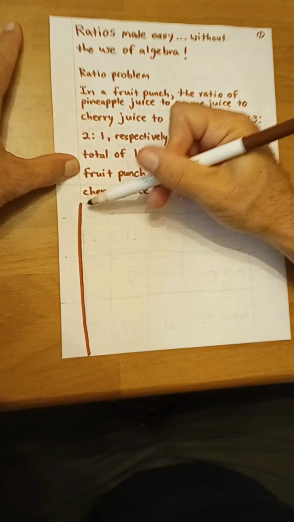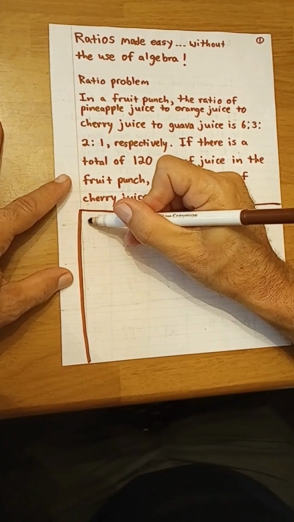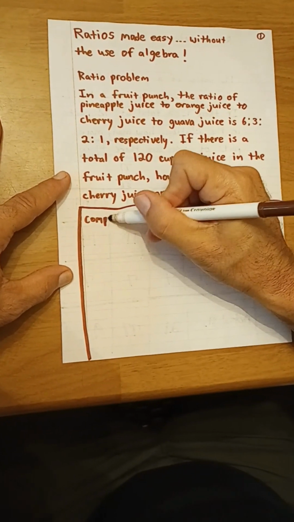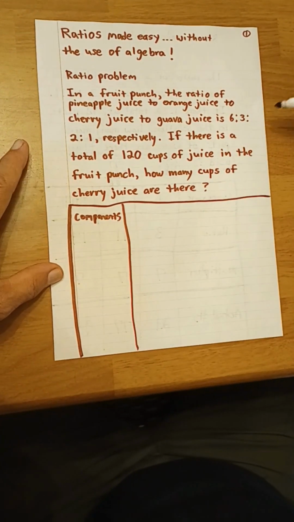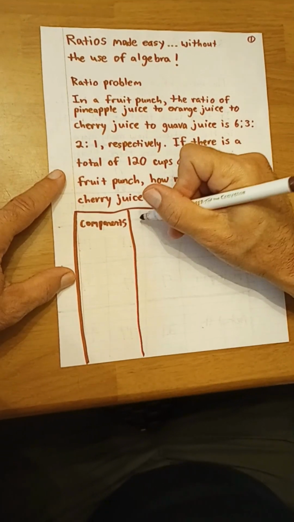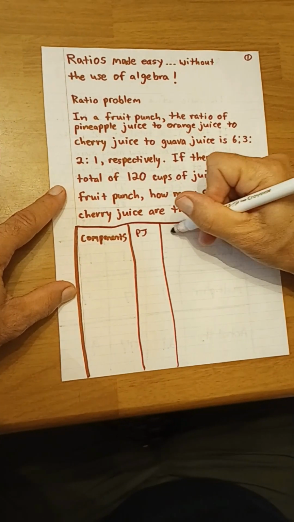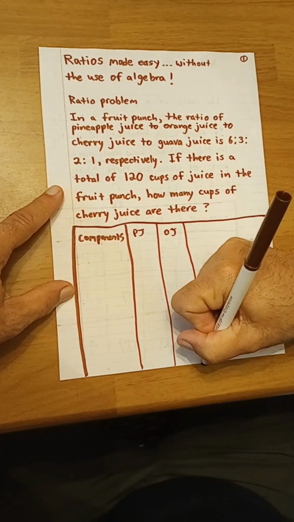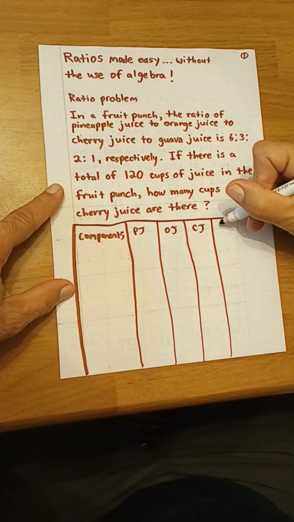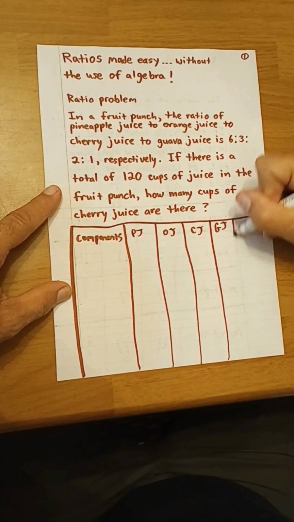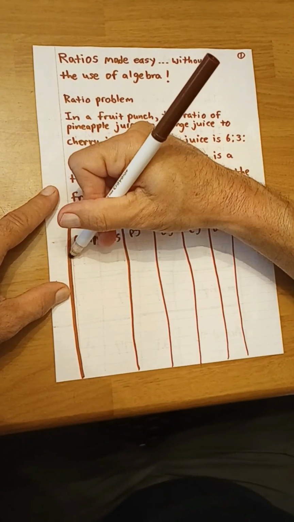Okay, well, let's set up our ratio box once again. There we go. And again, along the top row, we're going to put components. Now, obviously, there are considerably more components than there were in the last problem. So we have PJ for pineapple juice, OJ for orange juice, CJ for cherry juice, and that's the one we're interested in, GJ for guava juice, and then we're going to have total over here.